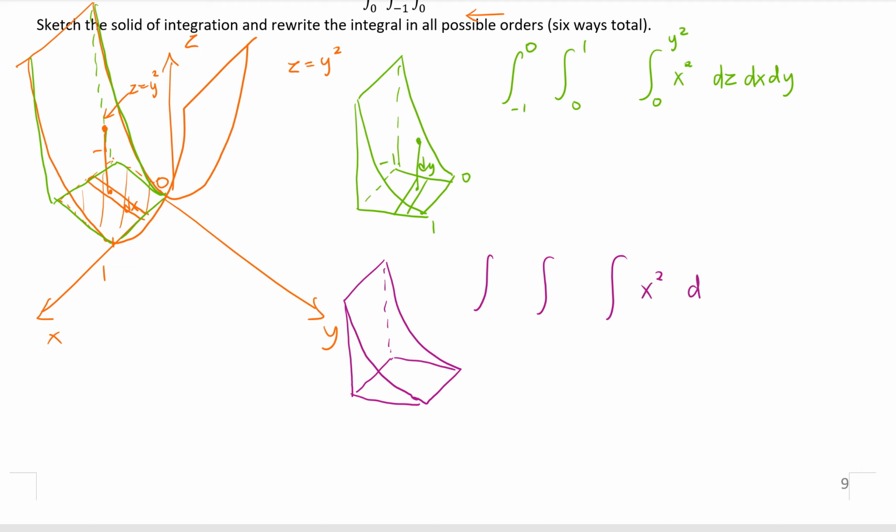Let's say dx dy dz. What does that mean? Well, first look at dz. Now z is between two numbers, so this is 0. What is this number? Because z equals y squared, when y is minus 1, z is equal to 1. So we know this is 1. So z is from 0 to 1.